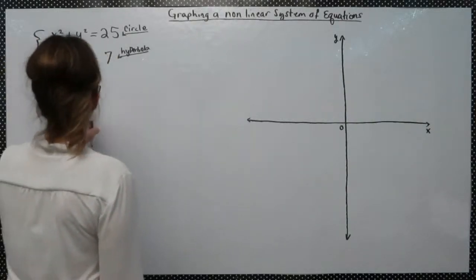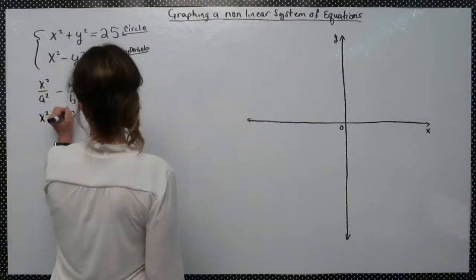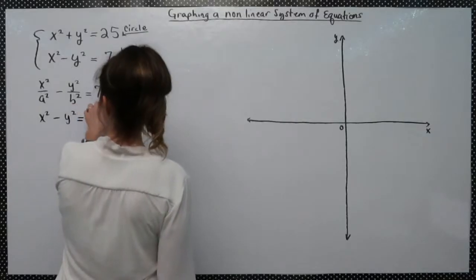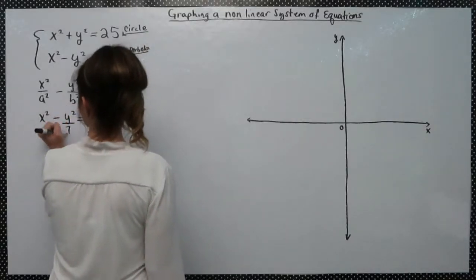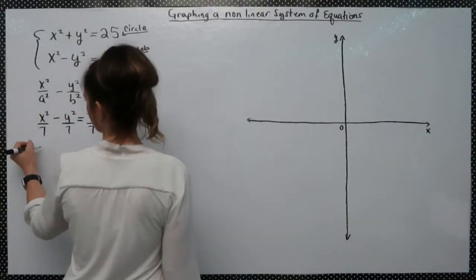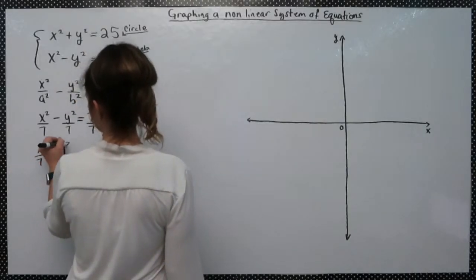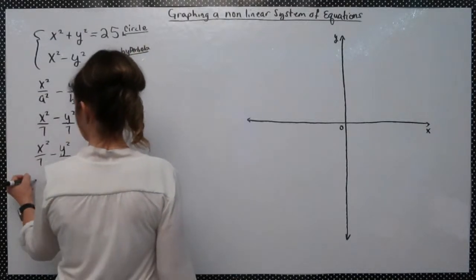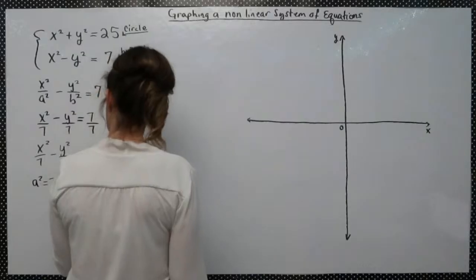And then what we're going to do is we're going to put x squared minus y squared equal 7 divided by 7. And then you're going to have x squared over 7 minus y squared over 7 equals 1. And then a squared equals 7 and b squared equals 7.